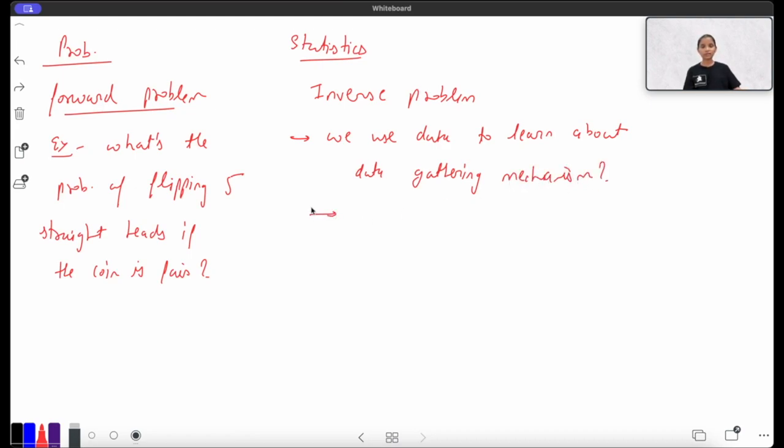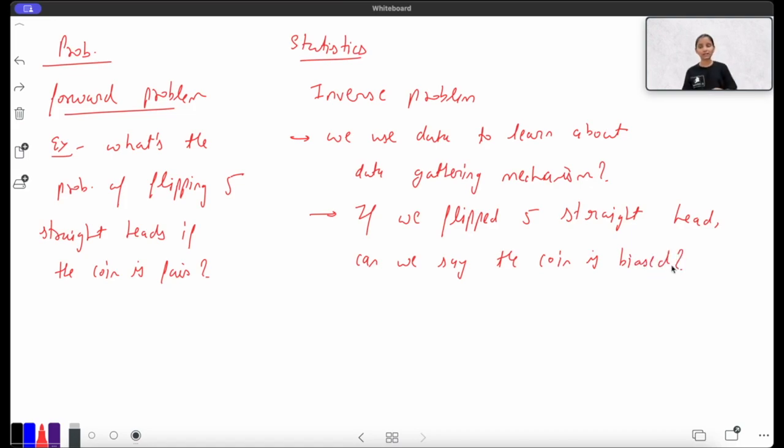Now in the same 5 coin flips, if I just change the scenario and ask the question like this: if we flipped 5 straight heads, can we say the coin is biased?